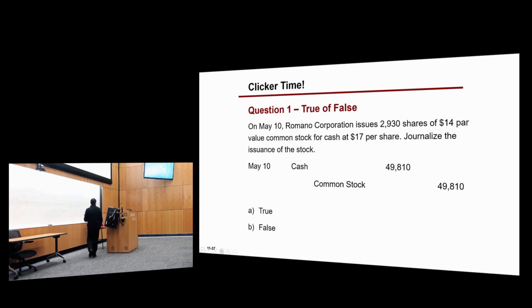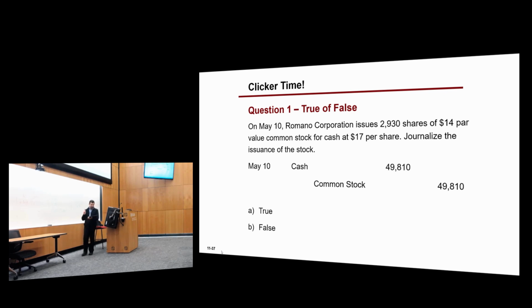Okay, so let's do this one. On May 10th, Romano Corporation issues 2,930 shares of $14 par value common stock for cash at $17 per share. Is this journal entry correct or no? That's good.